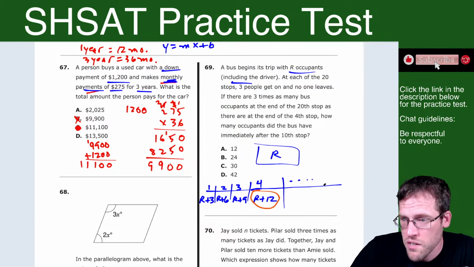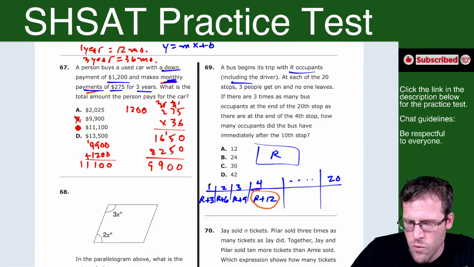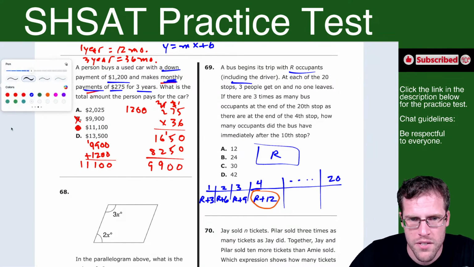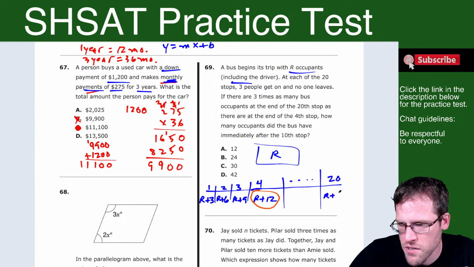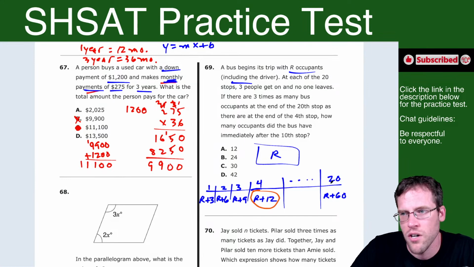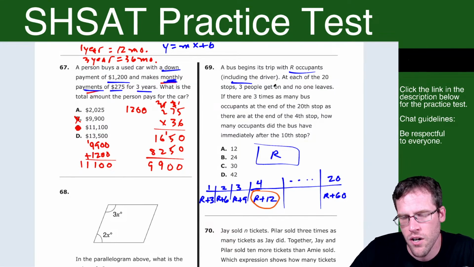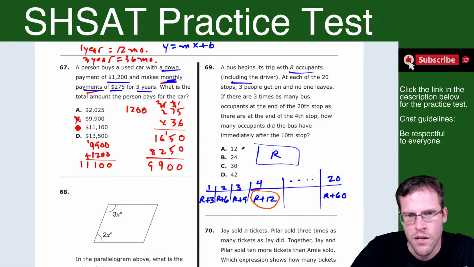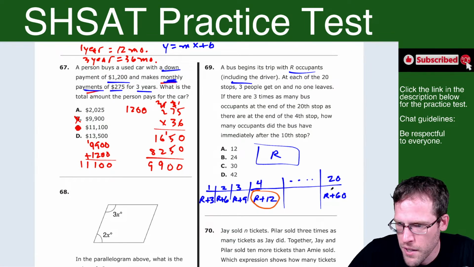At the 20th stop, we care about the pattern: 1 brings us to 3, 2 brings us to 6, 3 brings us to 9. Times 3 is the pattern. So at the 20th stop it's going to be r plus 60. Okay, so 60 more people get on, which makes sense. Three people get on at each stop. No one leaves. So these are the values we have to compare.